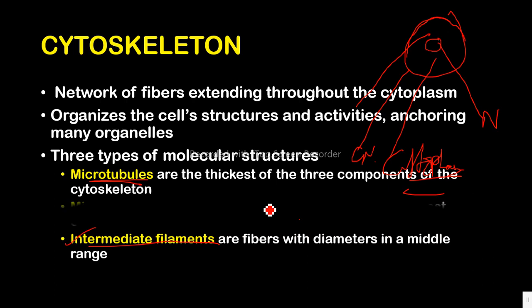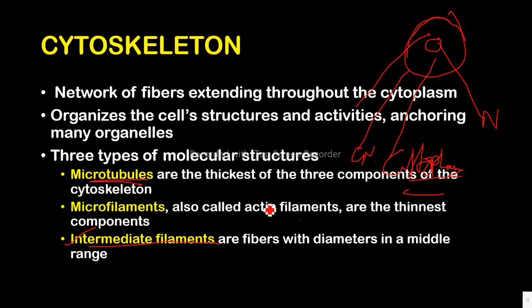Then these microfilaments, for them they are tiny. We are going to study each, and you see the structure. These are tiny filaments, tiny fibers within the cytoskeleton, within the cytoplasm. And they also do contribute to the cytoskeleton.